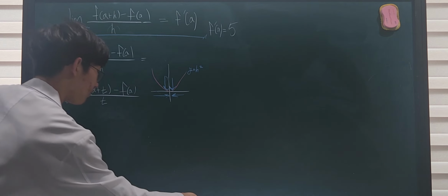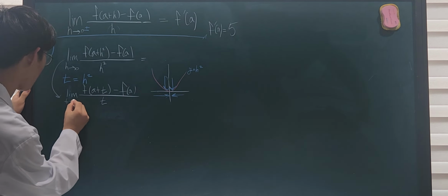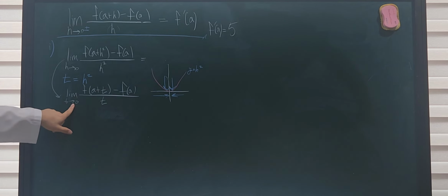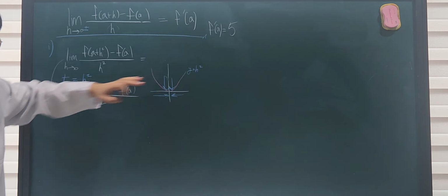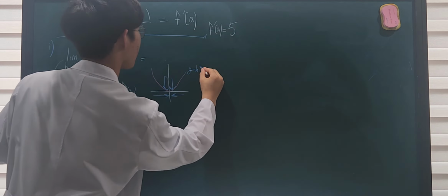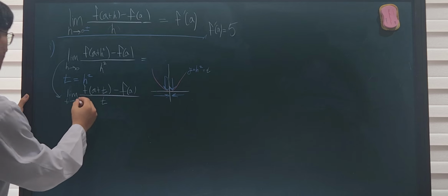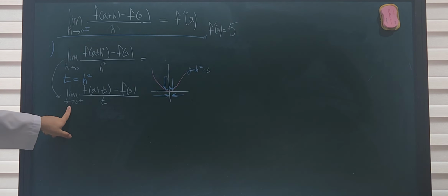So we can say that t, or h squared, is approaching 0, but not from both sides, only from the positive side, as shown by the red function here, which signifies h squared or t. So we are able to write that it only approaches 0 from the positive side.